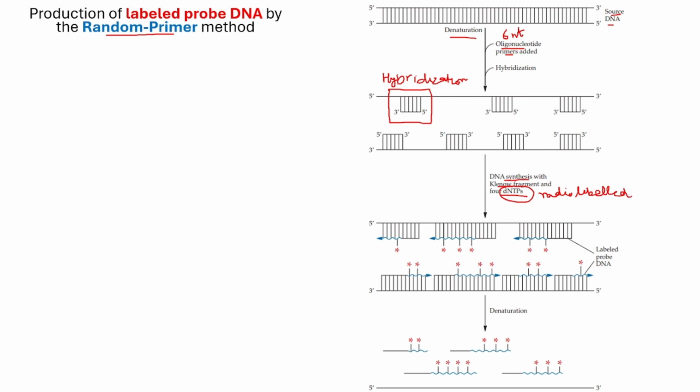So we have 4 dNTPs available. It can be dATP, you can give dCTP, you can give dGTP, and for DNA you can also give dTTP.